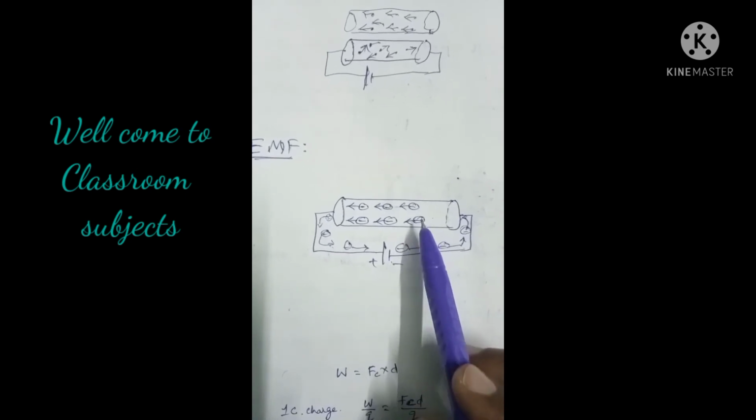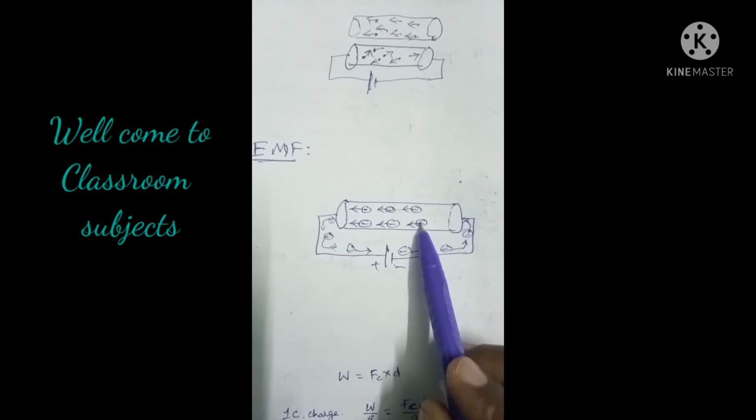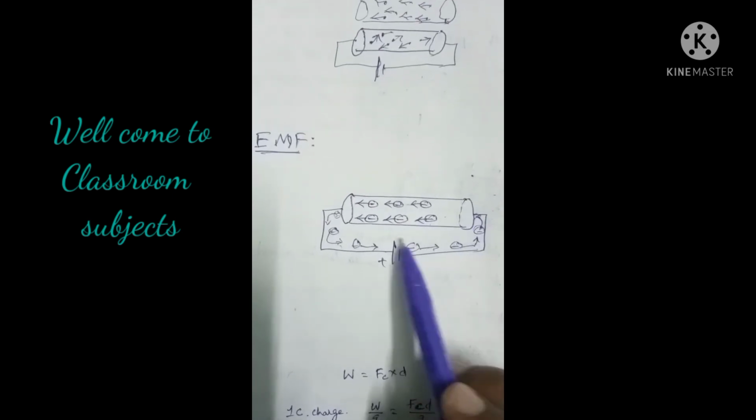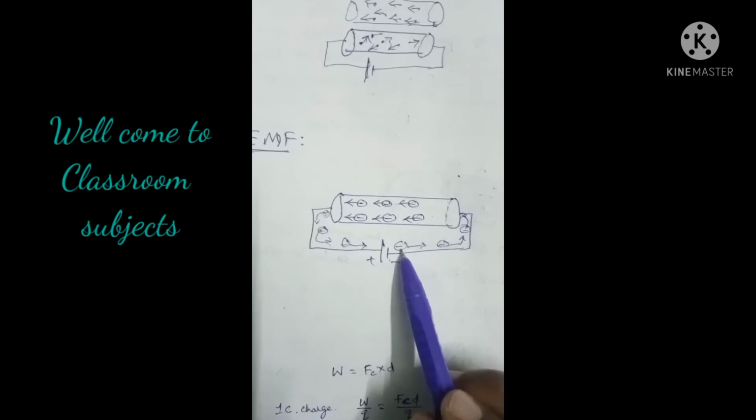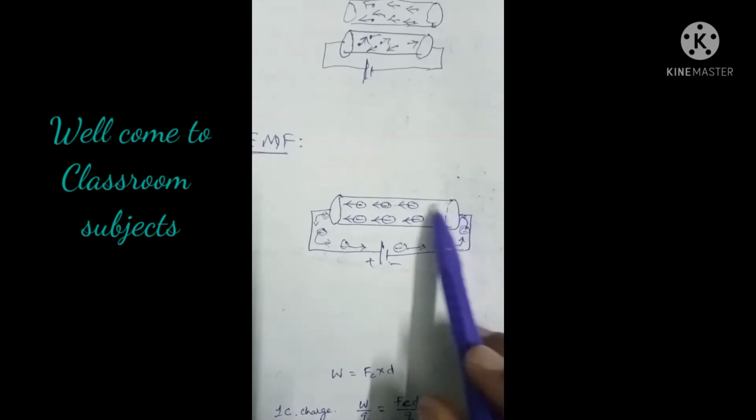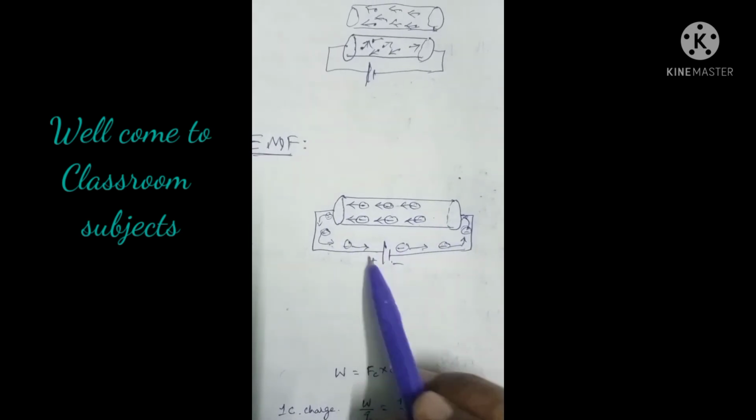The electrons move with a constant speed, that is the drift speed, through the conductor. Why? Because electric force is acting on them, so the negatively charged electrons move from the negative terminal to the positive terminal of the battery.